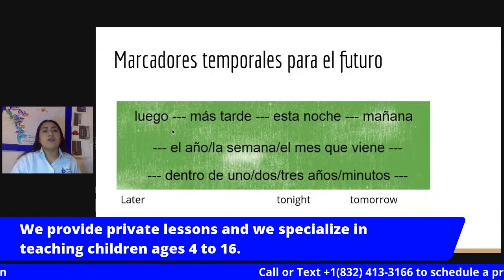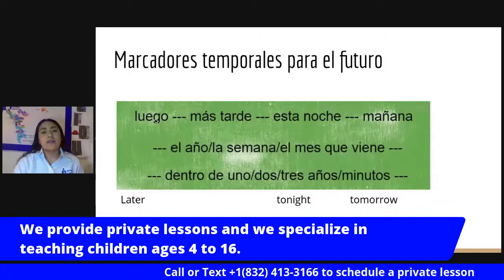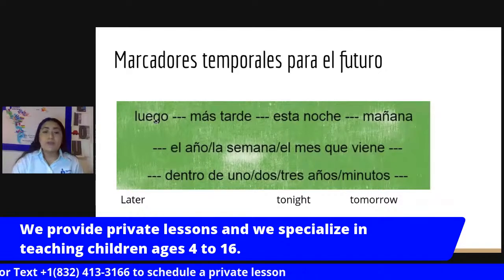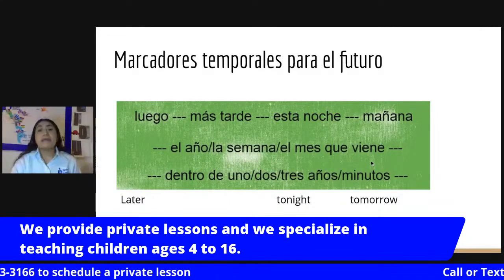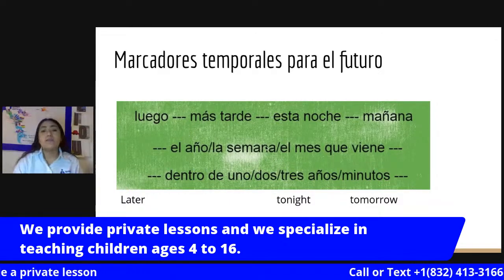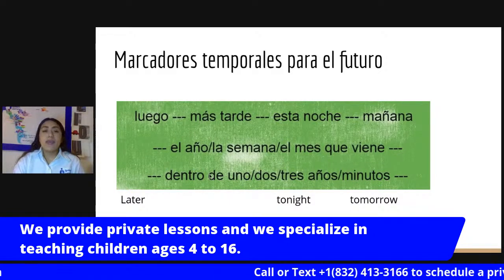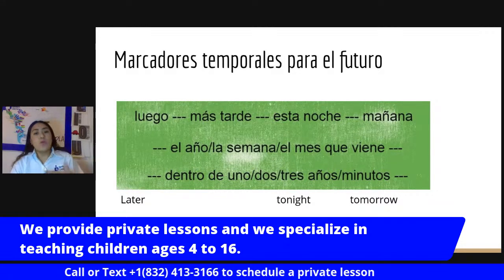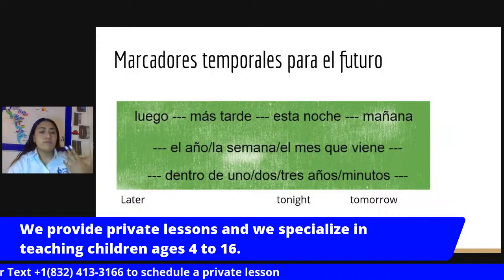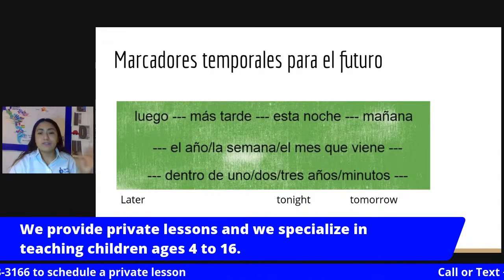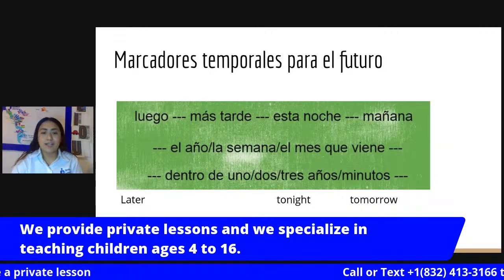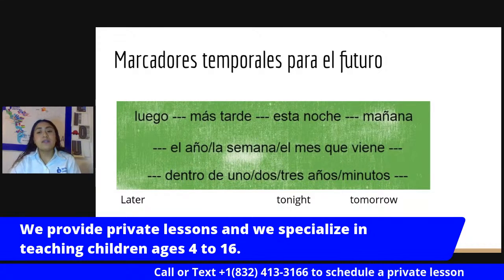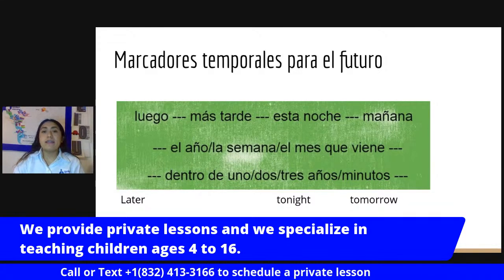Okay, luego means then, or later, tonight, tomorrow, el año, la semana, el mes que viene, the next year, week, or month. And then we can say dentro de unos, in 1, 2, 3 years, minutes, seconds, okay? Or in 1, in 2, in 3 years or minutes, all right?